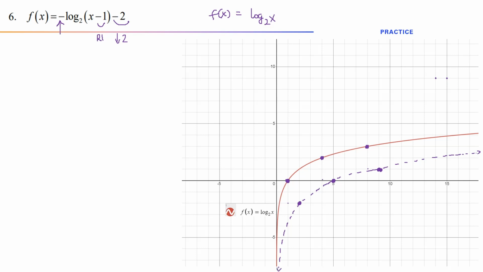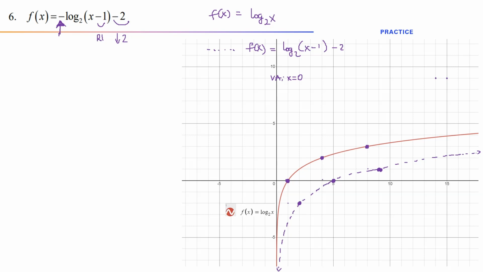But the dashed purple line is the function f of x equals log base 2 of (x minus 1) minus 2. We still have to flip it. And how do we flip it? We know that the vertical asymptote for the parent function is at x equals 0, but now you move to the right 1 unit.